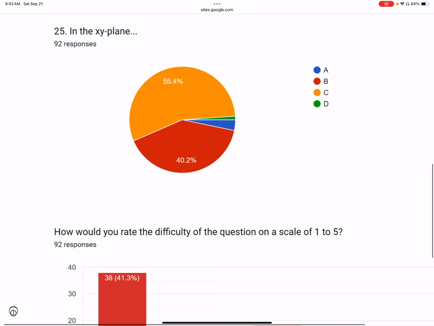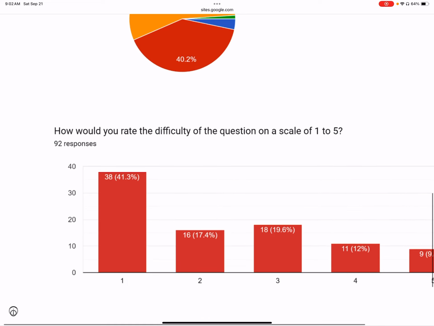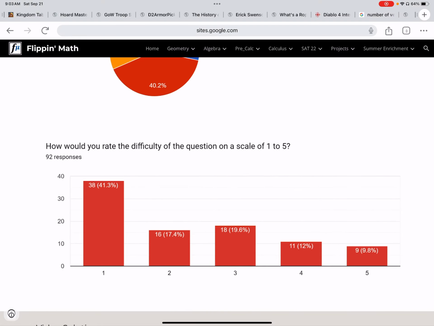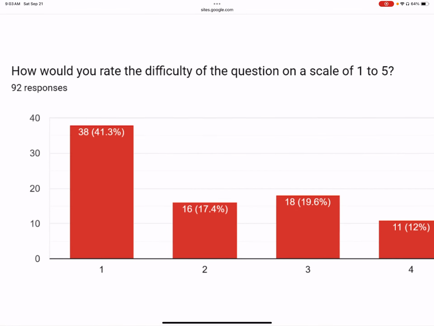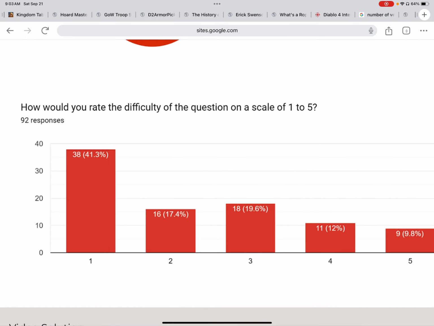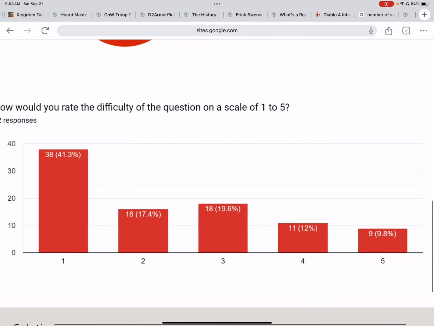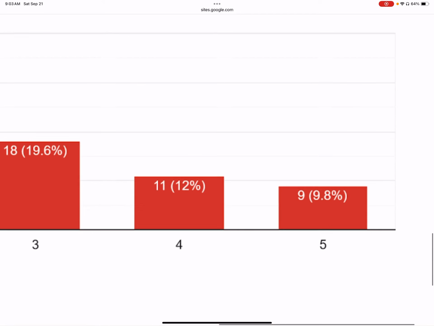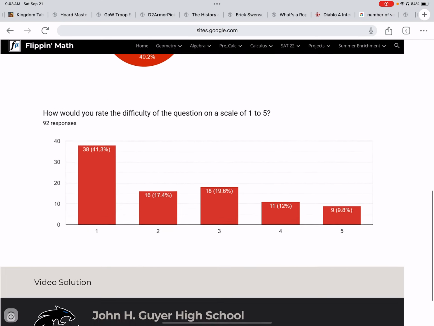Interestingly, if you take a look at the next bar chart, you'll see that the majority of us thought this was a fairly easy question when rating the difficulty. 38 of the 92 responses, about 41%, thought it was easy, and only 9 people, less than 10%, thought it was hard.